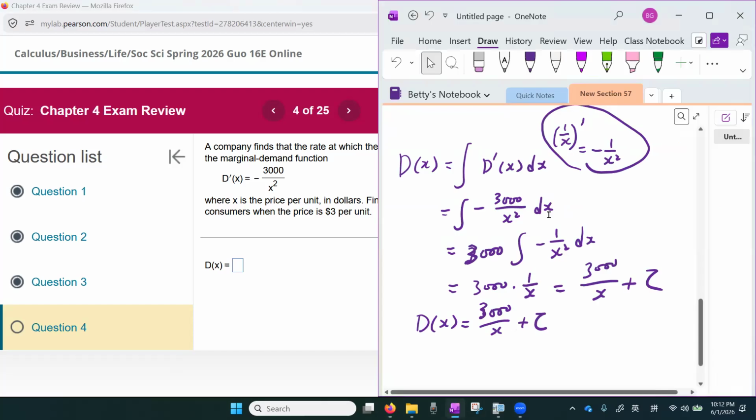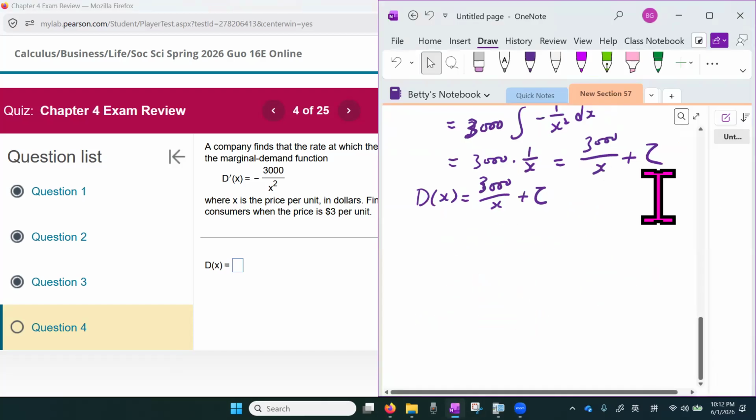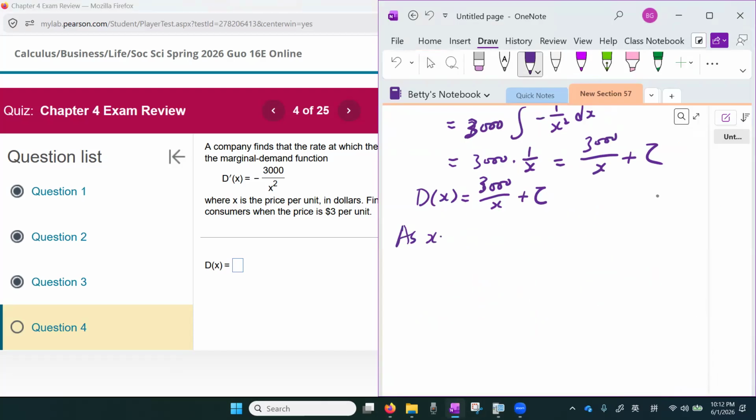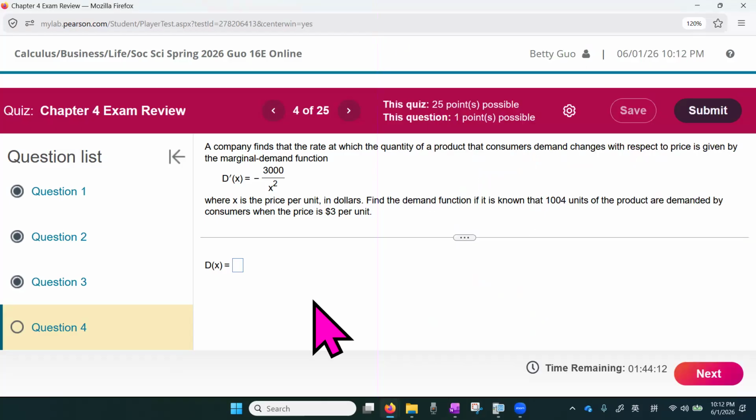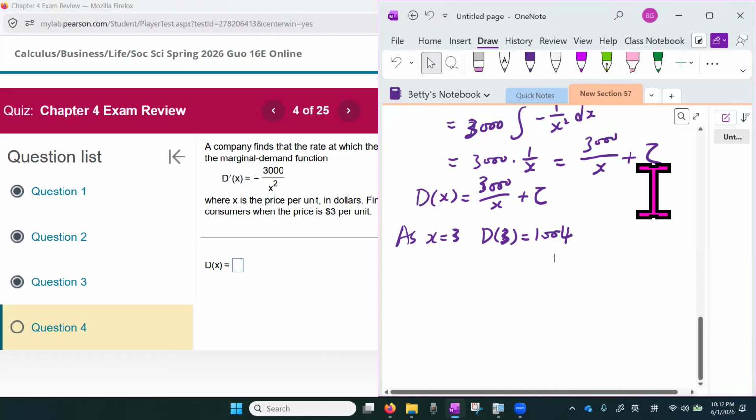So it's given that as x equals 3, D of x, or D of 3, is 1,004. So that condition would help us to determine the value of C.